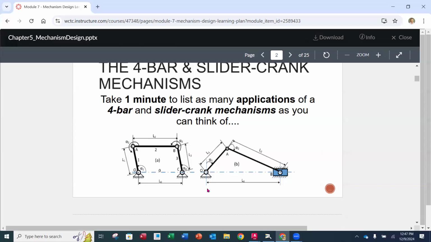What are some real world applications, some of the diagrams that we did, that you can think of for these 4-bar mechanisms?